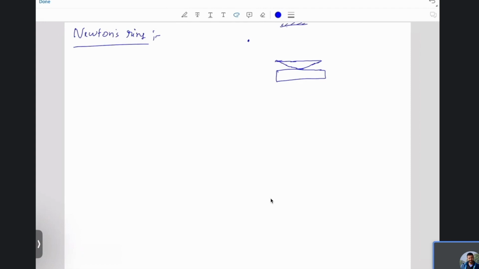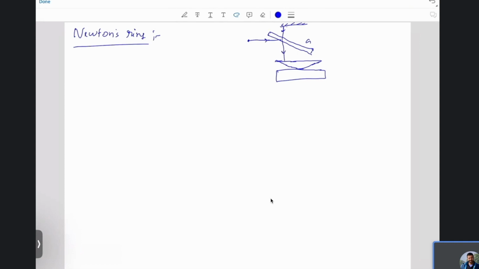You can use a silvered glass. So suppose the light is coming like this, and it will get reflected in this direction and in this direction.